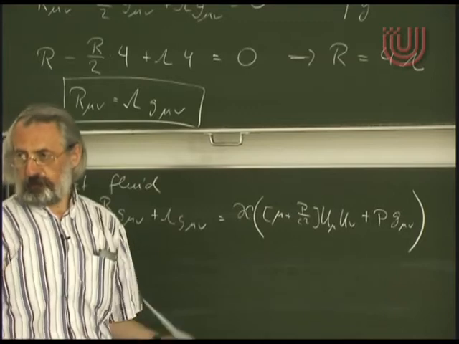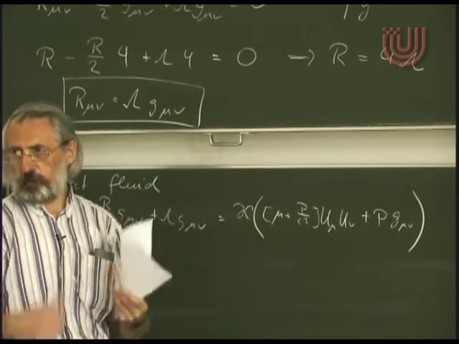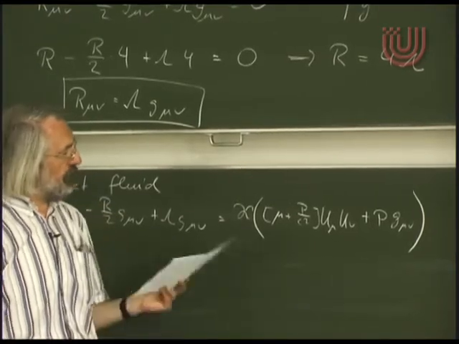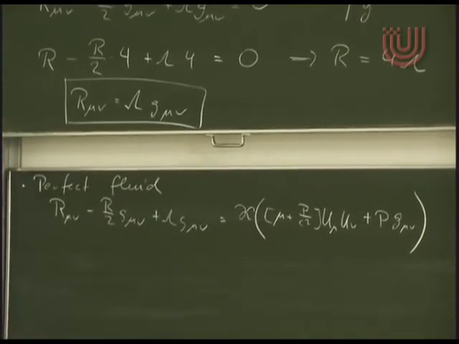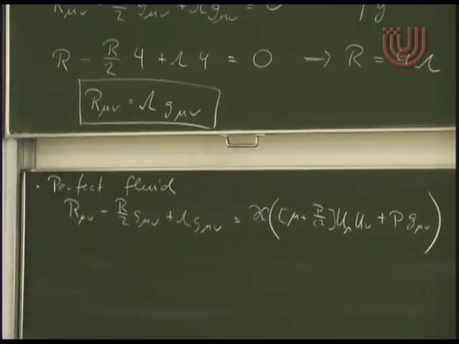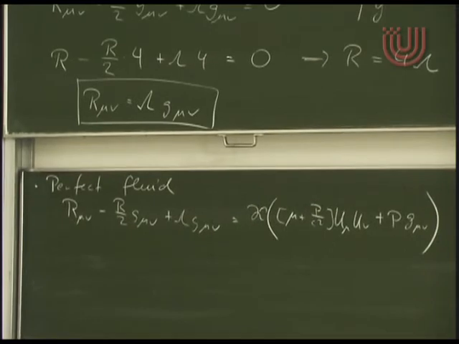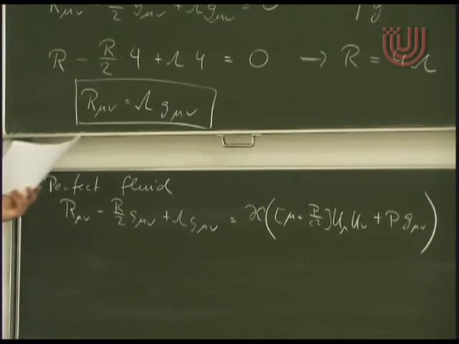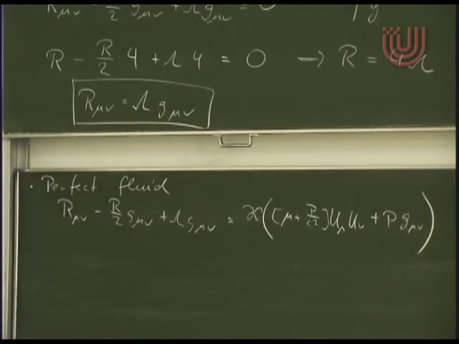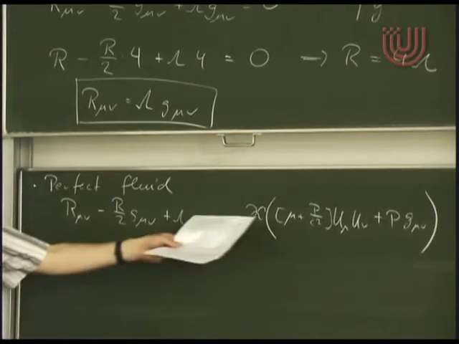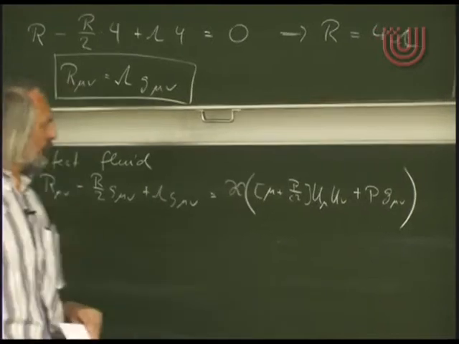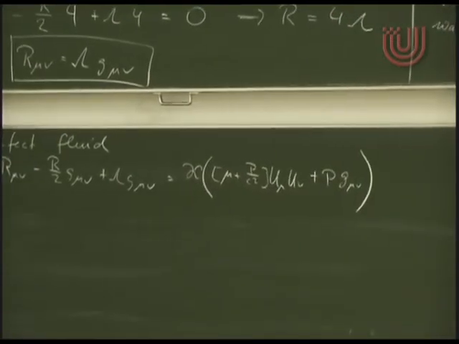So you have more functions with which you can play around, right? And that's the reason why it's more likely that you will be able to find a solution. Actually, finding solutions to the vacuum equations is the most difficult task in general relativity. Because there you have no free functions to play around with, like the mu here and the P and the four-velocity. So that's a perfect fluid.